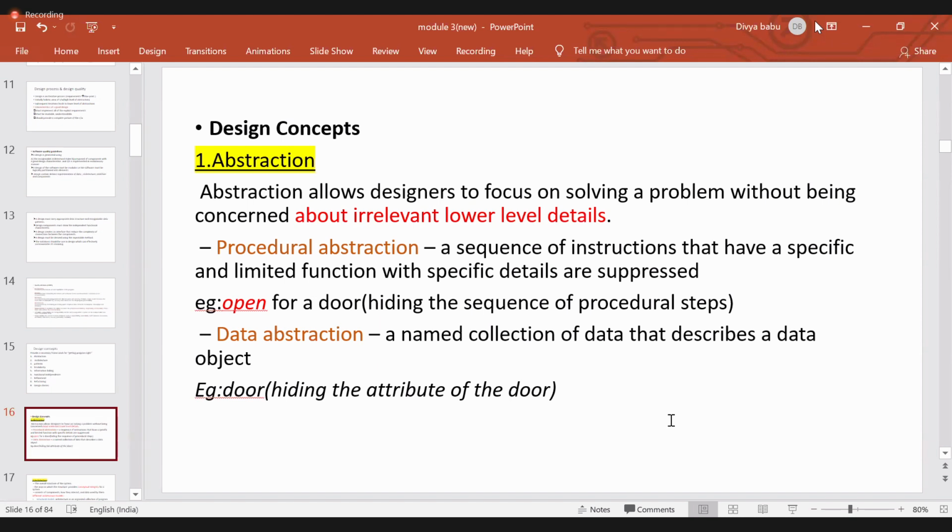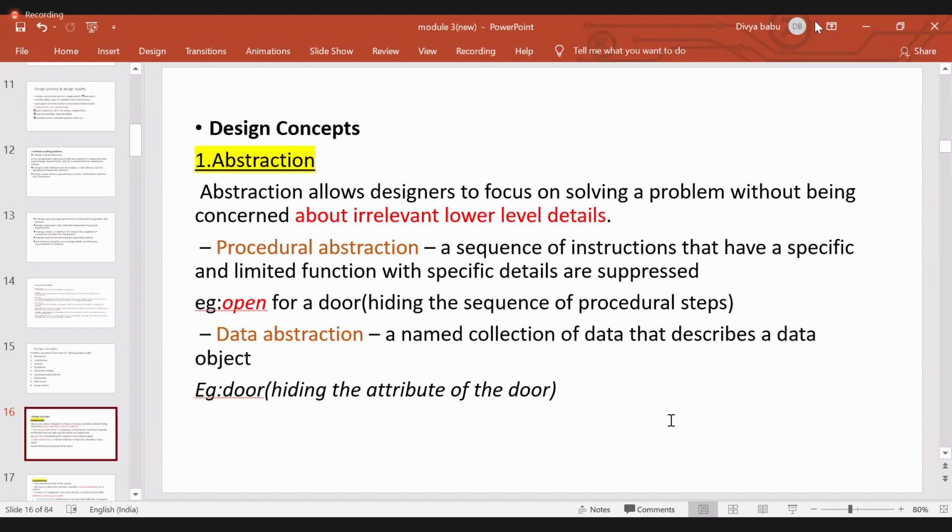Open the door. But how can you open the door? The steps: you stand up from your place, go to the door, rotate the doorknob. There is no need to explain those details. It gives more confusion, so avoid the unnecessary details. If you hide the procedures, then you can call it a procedural abstraction.